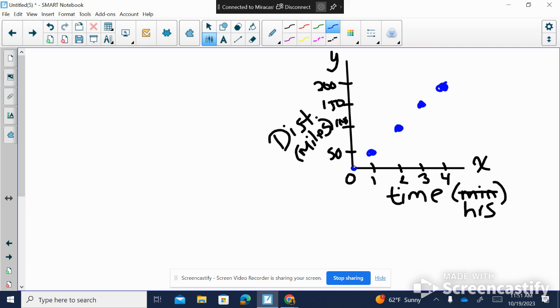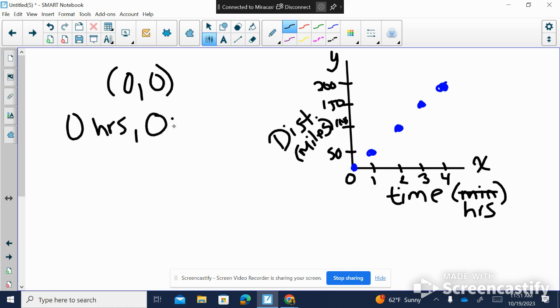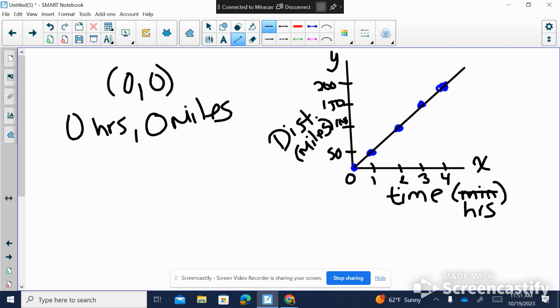Now, if we were to not move at all or not have any time, then we would have no distance. So the origin in this particular case, 0, 0, that means that in 0 hours, we've gone 0 miles. Okay, in this particular situation, that's what it means. Now, if something is proportional on a graph, you should be able to make a straight line through the origin.